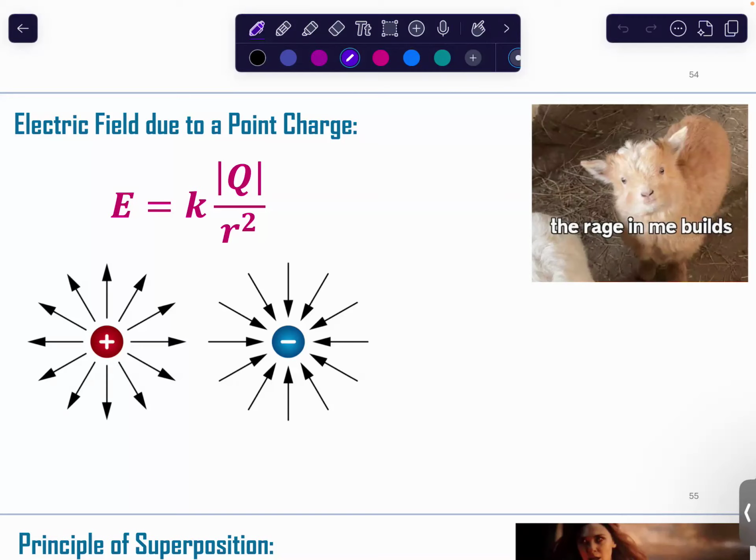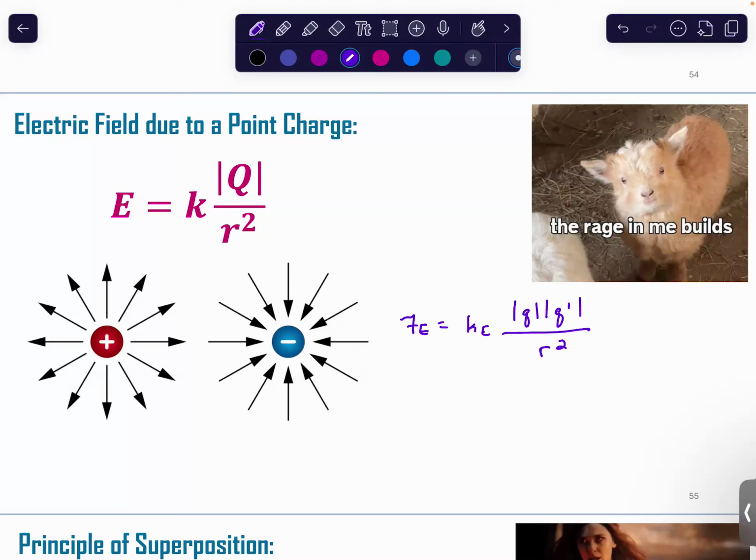All righty, so we were talking about electric force. Now we're on to electric field. Okay, so remember, our electric force is essentially Coulomb's constant times QQ over R squared.